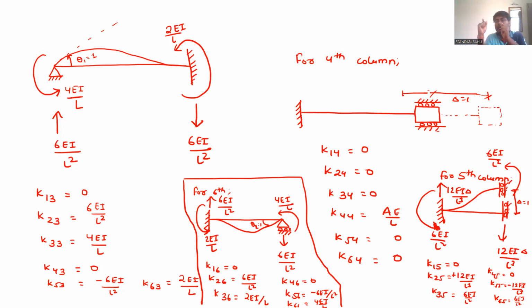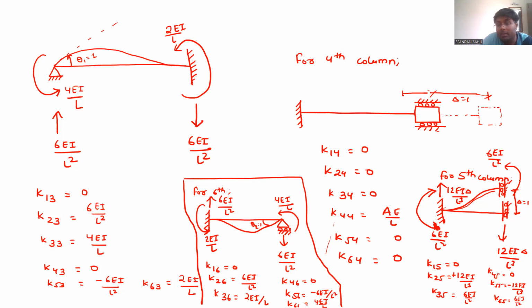When you are giving a unit lift along coordinate 5, the beam is taking this kind of shape here. If it is trying to rotate clockwise, the fixed end moments will come anti-clockwise, and if it is trying to rotate anti-clockwise, the fixed end moment will come clockwise.